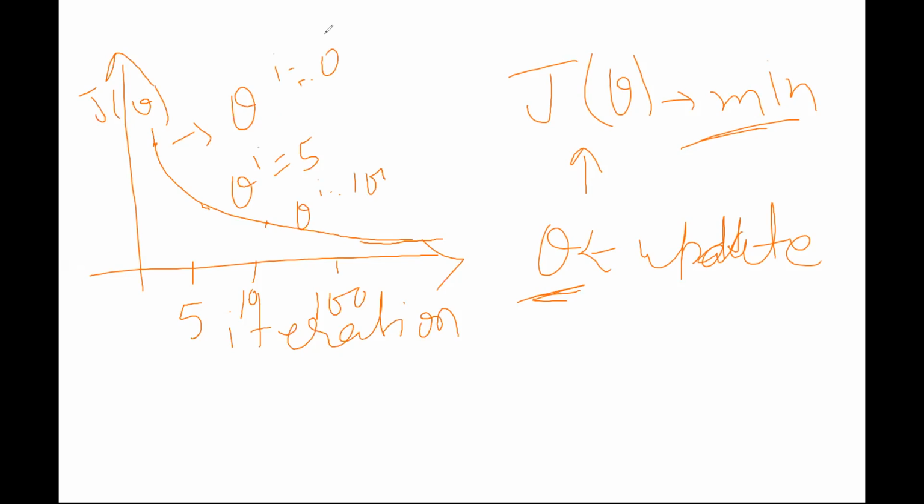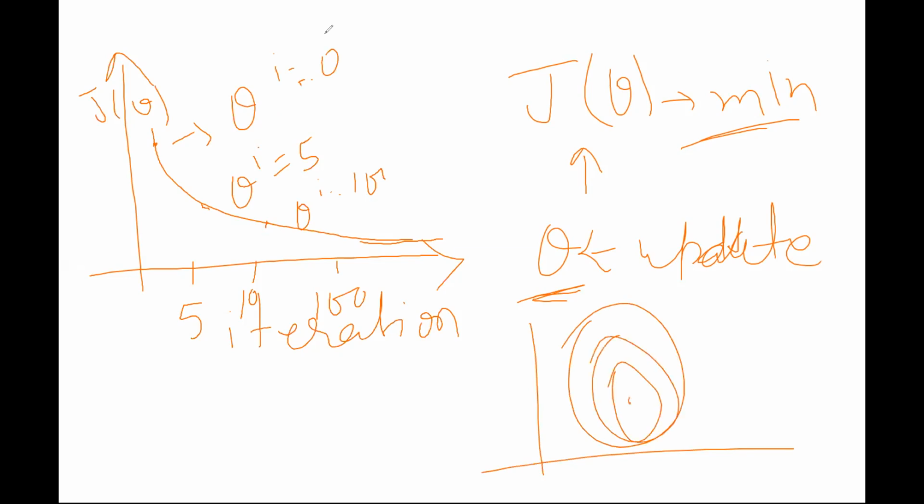Similarly, as we update theta, we get the cost function, and what we want is a decreasing curve. And at some point, when it reaches this location, it won't be decreasing much. Either it will be constant or it won't be decreasing.